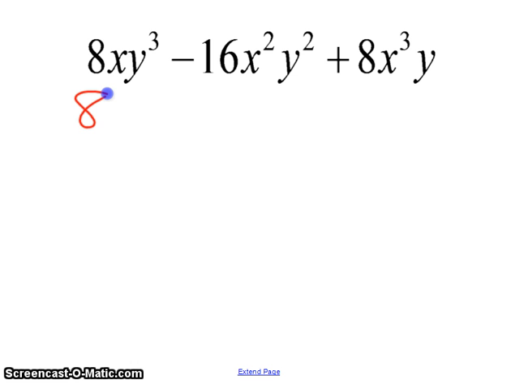We've got x to the first here, right? Is there a y in each term? Yeah. What's the smallest exponent for y? 1. So 8xy is the GCF. Can you finish it? No, finish meaning undistribute. That is the GCF.